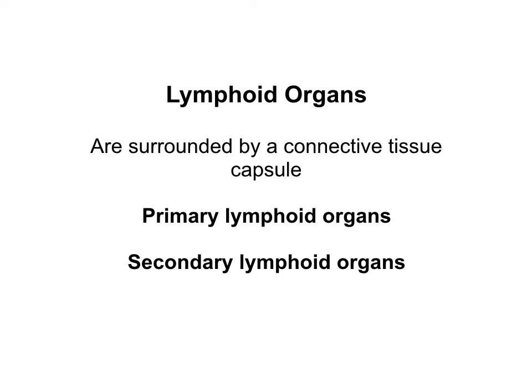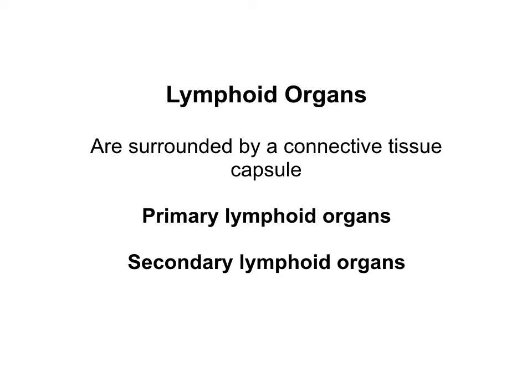Primary lymphoid organs are where your B and T cells become immunocompetent. Now, immunocompetent means that the cell has the ability to recognize and respond to antigens. So think of it as gaining your ability to attack and defend. Now, your primary lymphoid organs are your red bone marrow and your thymus.